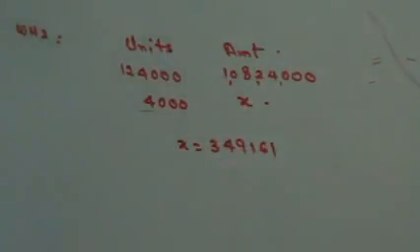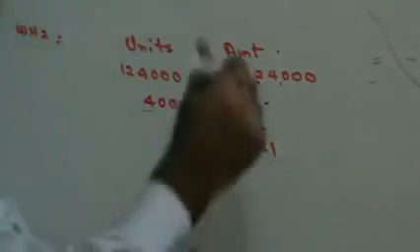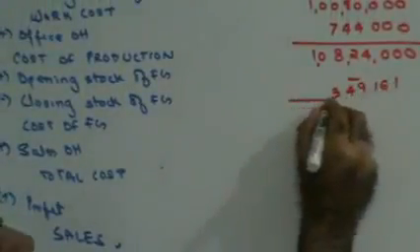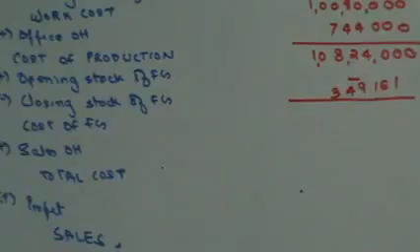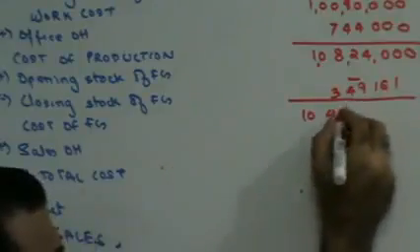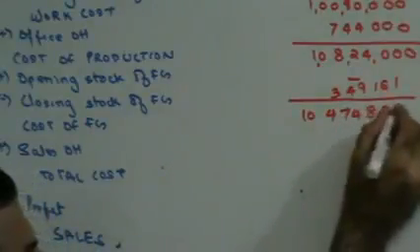So your closing stock of finished goods is going to be 3,49,161. So your cost of finished goods will be subtracted from that, that is 1 crore 4,74,839.